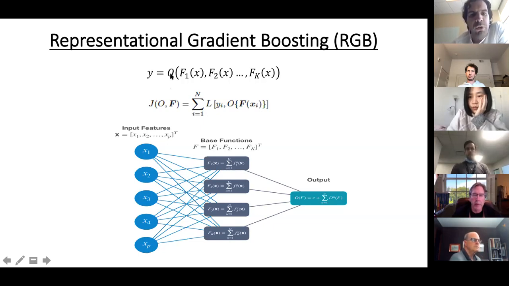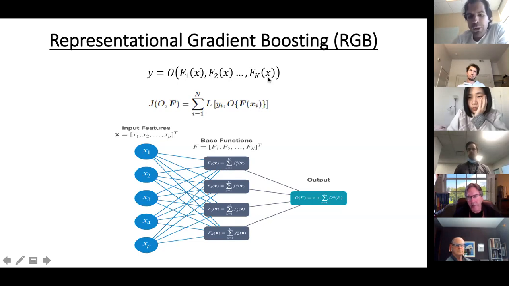So for instance, you could say my general function is a function of O and functions of all of these representations, F1, F2, up to Fk, okay? But I don't know what they are, so I'm just going to try to estimate them by putting them into a loss function and creating a mechanism that allows me to find O, F1, F2, Fk.